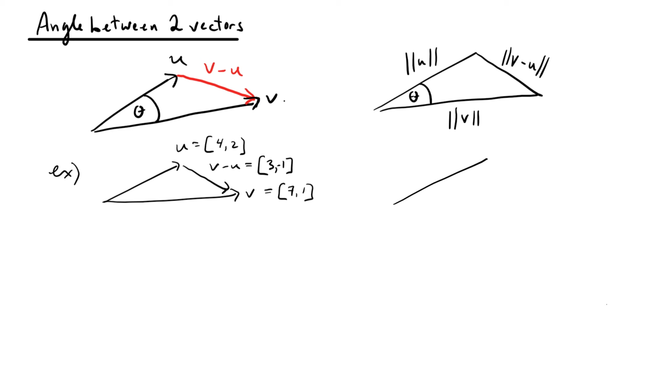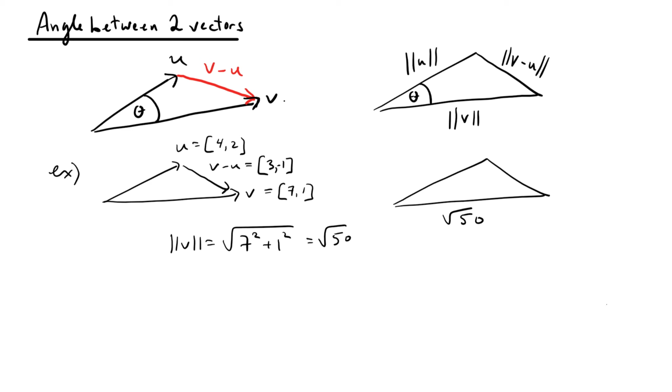And then I can calculate the norm of each of the vectors in order to get the length of each of the sides of the triangle. So here, if I calculate the norm of v, that's the square root of 7 squared plus 1 squared, so it's square root of 50. U, its norm would be 4 squared plus 2 squared, so that's square root of 20.